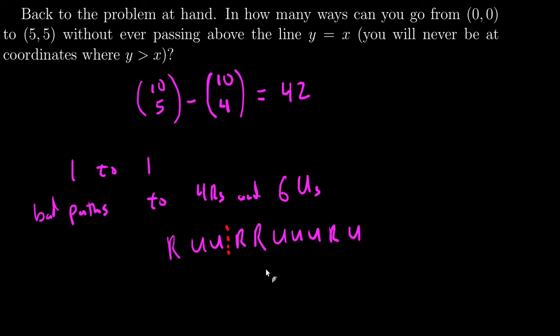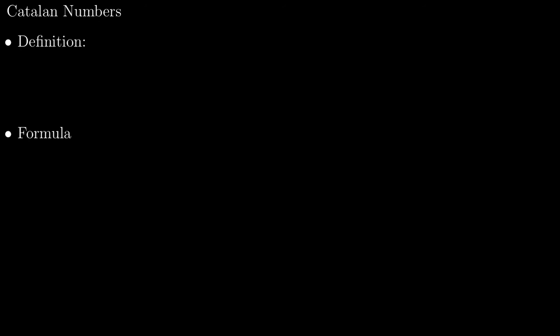And when I do that, whenever I take one of these 6 U's, 4 R's, I can rewrite it into a string that is bad, does not count for the Catalan numbers. So that's what I do here, and that leads me straight to this.